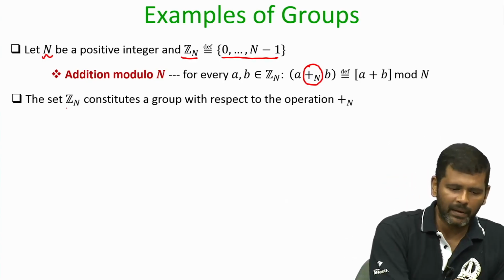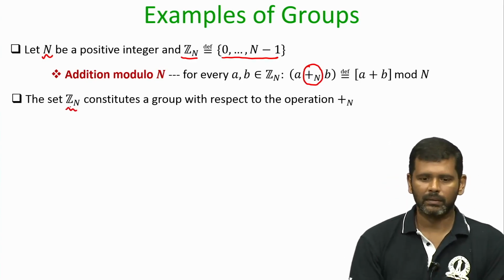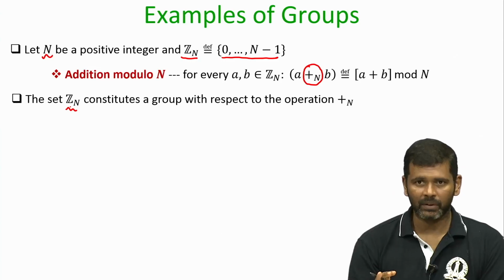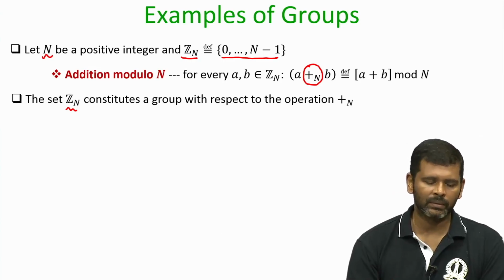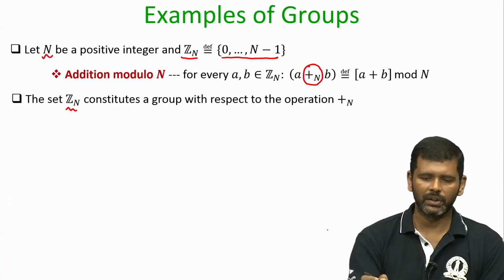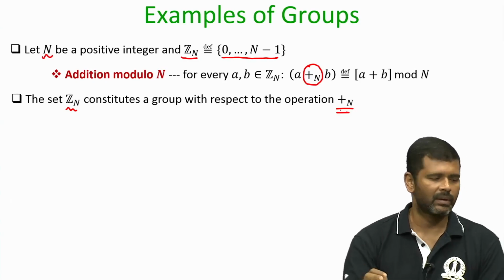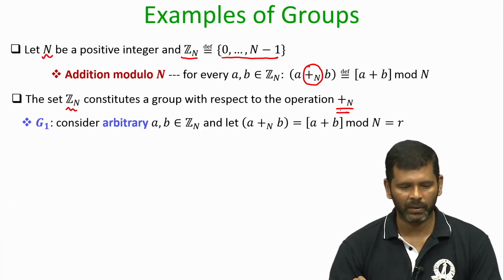My claim is that this set Z n, which is a finite set with n values, constitutes a group with respect to this operation of addition modulo n.